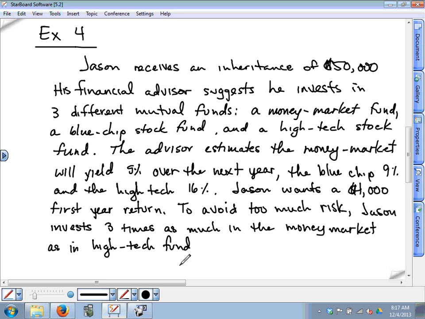Why would he do that? More secure. Which one's more secure? The money market. It has less of a return, 5%, but that's because it's a little more stable. The high-tech one has a higher return, but also higher risk.